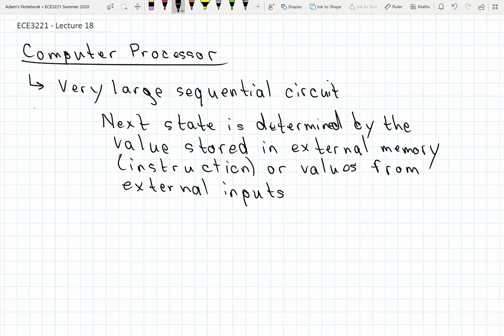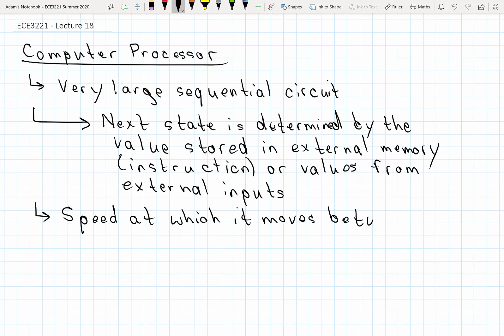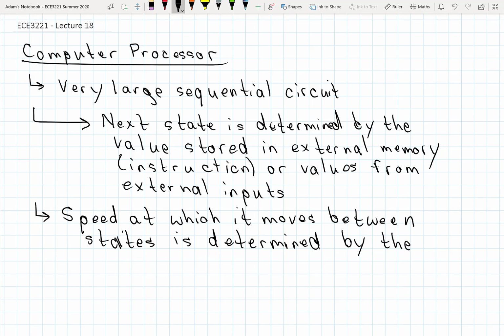I'm going to take this back. This statement, I think, can stand on its own. It's not specifically related to the sequential circuit. As I said at the beginning, the speed at which the processor moves between states is determined by the external clock.